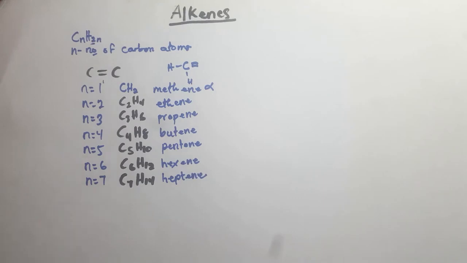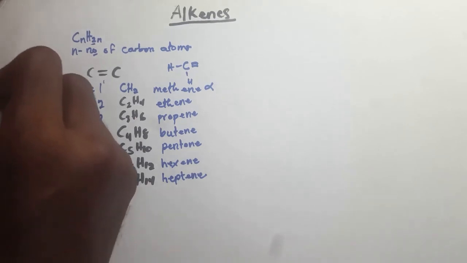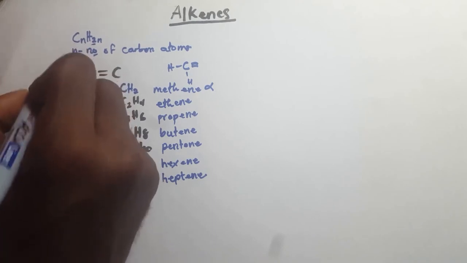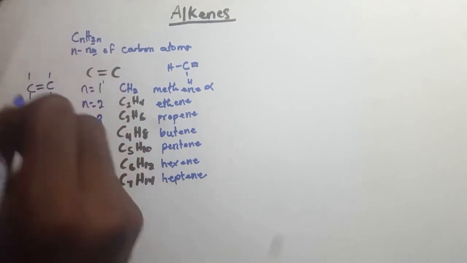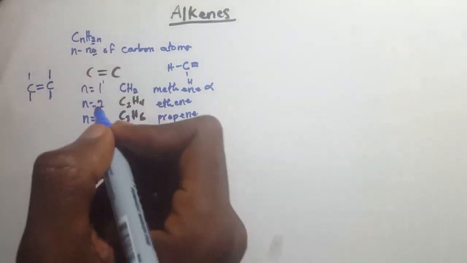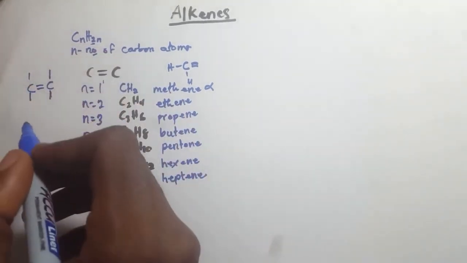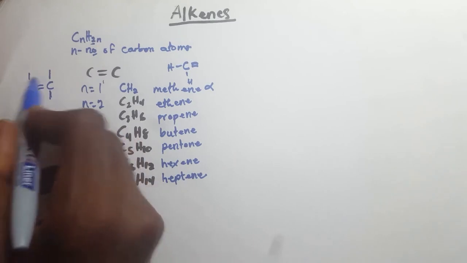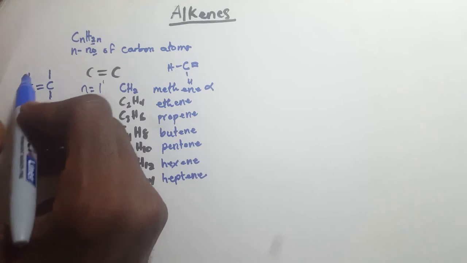One important thing I'll urge you to know about alkenes is that they can either form straight or branched chains. So they could either be like this, see. Now, why am I doing this? In the previous video, I explained that the highest number of electrons around the carbon is 4.